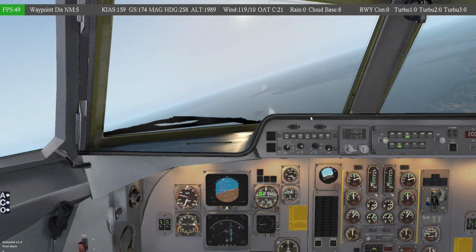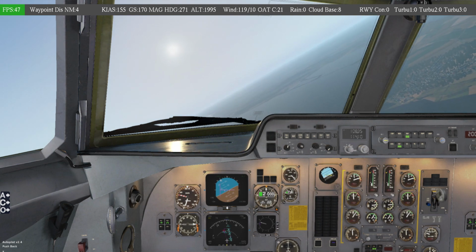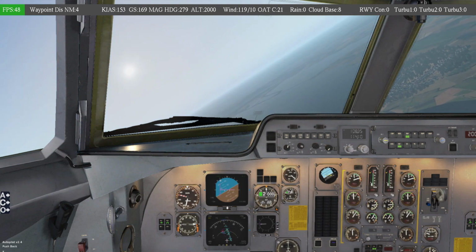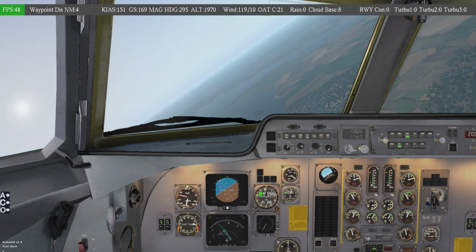As we are doing the visual approach right now, we are not going to follow the full procedure here, as that's also not done in reality most of the time.